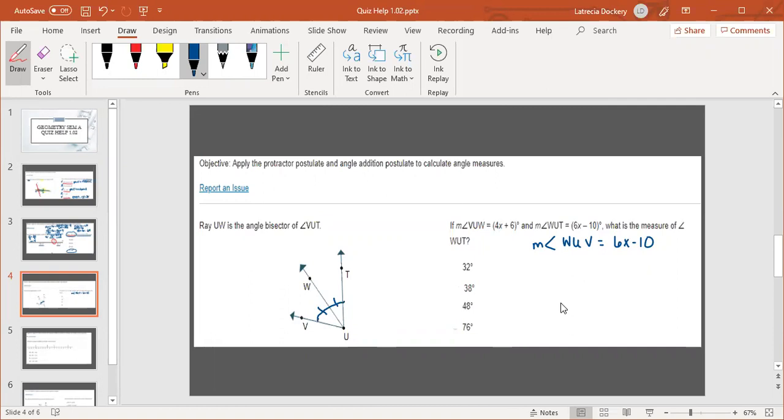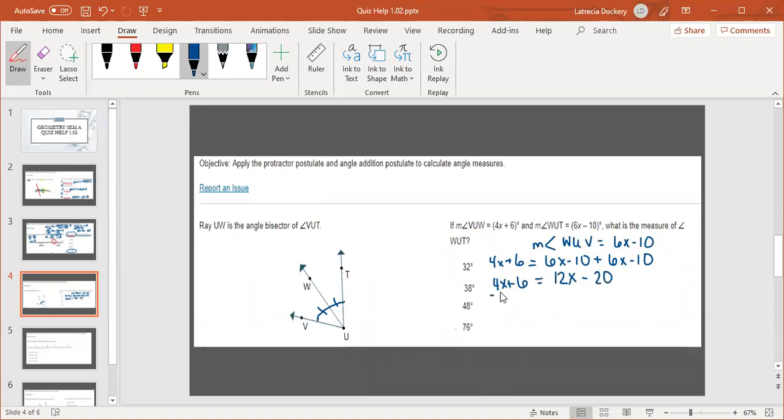We can set up a problem very similar to the last one: 4x plus 6, the whole big angle, is equal to 6x minus 10 plus 6x minus 10. We could have said 2 times 6x minus 10, but I didn't think about it in time. So 4x plus 6 equals 12x minus 20.